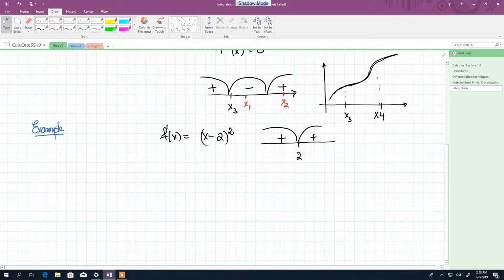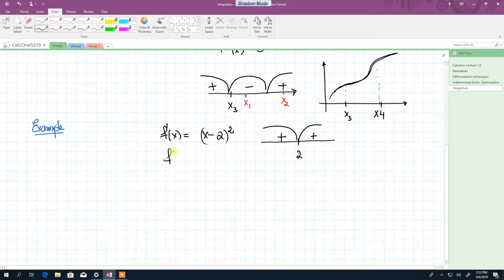Okay? Sometimes, for example, if f prime of x is equal to t minus x, then the root is at t, but for the x's bigger than t, it will be negative, and for the x's below the t, it will be positive. So sometimes it might be minus and plus. The best way to know what is the plus and what is the minus is to take one number from each of the regions, put it into your function, and check the sign.